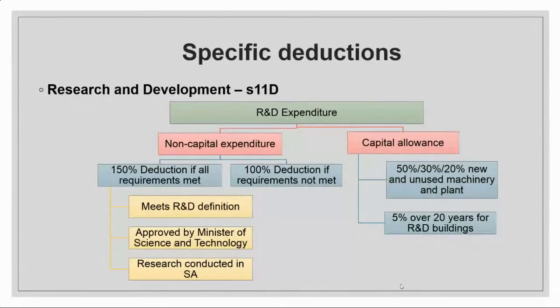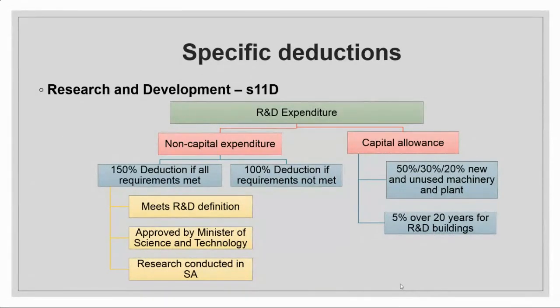Research and development, this is where a company is trying to develop new products or services. Here you have to look at whether it's a non-capital expenditure or capital expenditure. If it's non-capital expenditure, you get a 150% deduction if all of the requirements at the bottom are met.